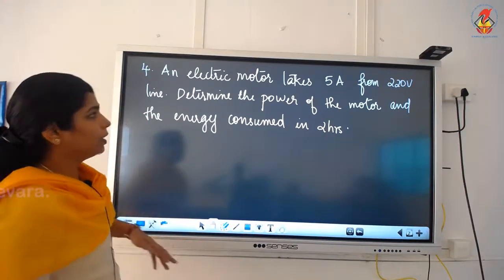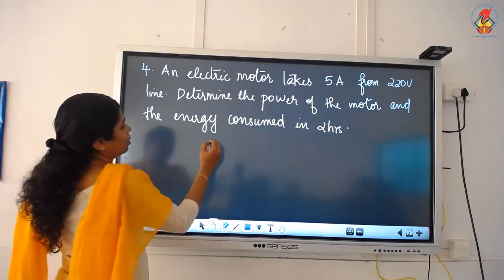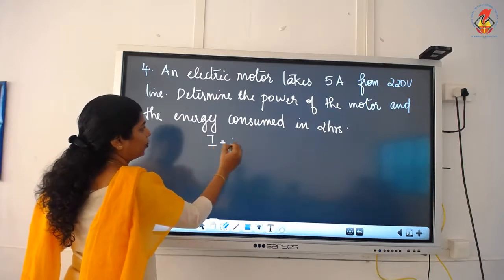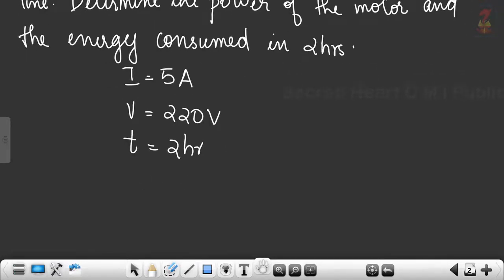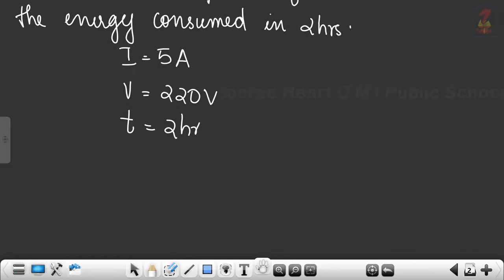So first we will write what all things are given in the question. So current is given 5 ampere, then potential difference is given 220 volt, time is given 2 hours. Now we need to find the power and also the energy.